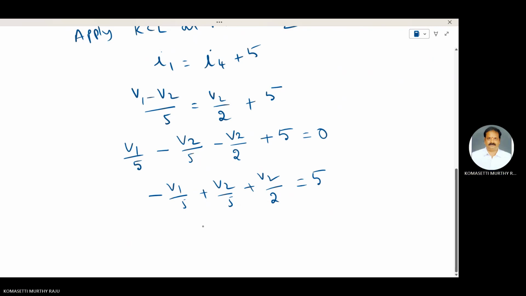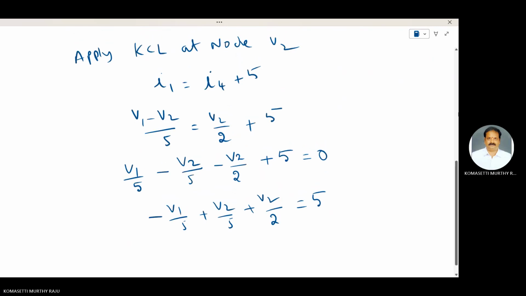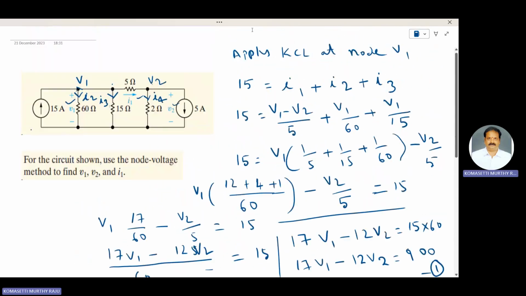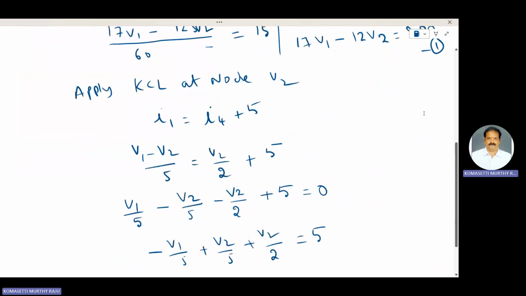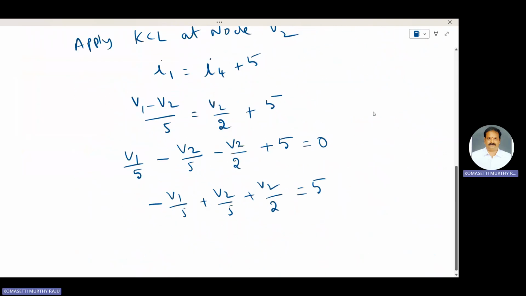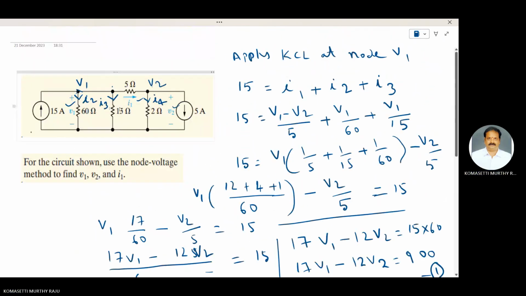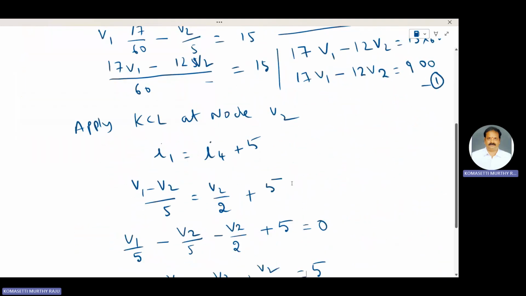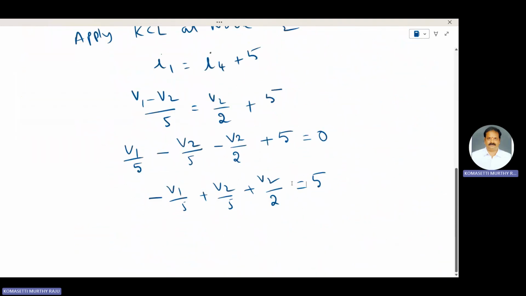Here I4 is equal to V2 by 2, and I1 is equal to (V1 minus V2) by 5. This one is brought to this side, so this one is minus sign.